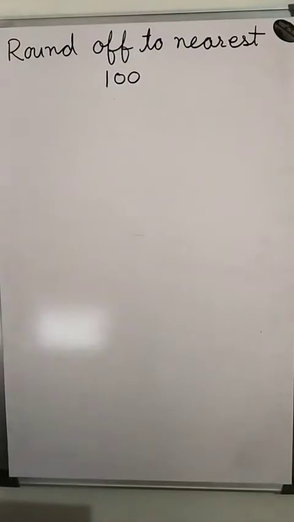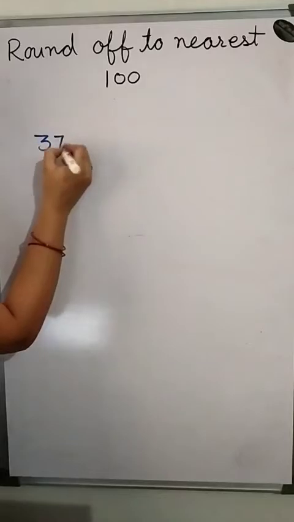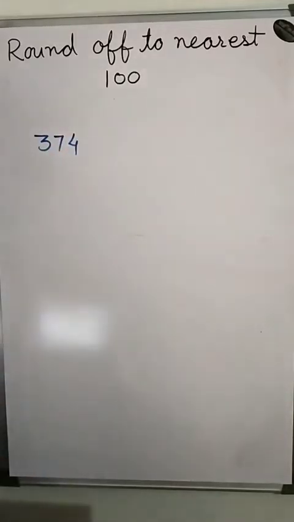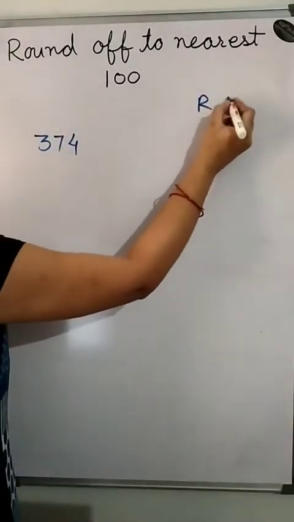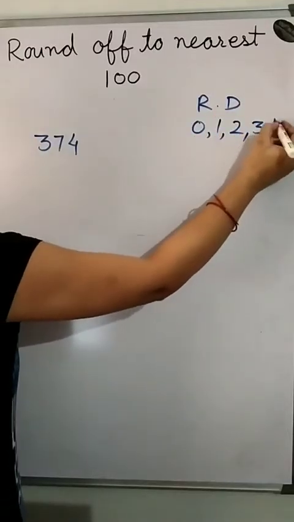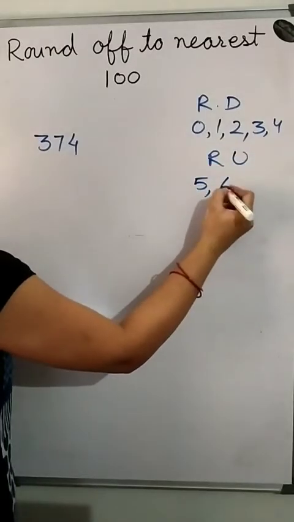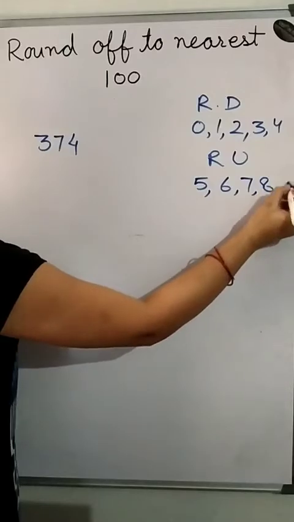Is this okay? Now round off a number to the nearest 100. Suppose you have a number 374. As I told you, round down means 0, 1, 2, 3, 4. Round up means 5, 6, 7, 8 and 9.